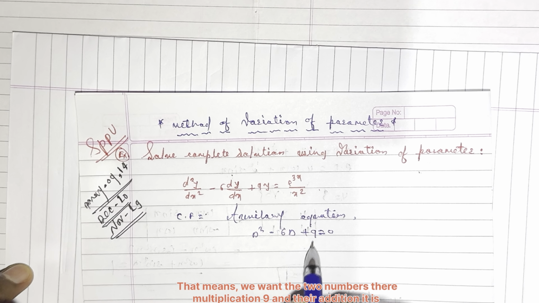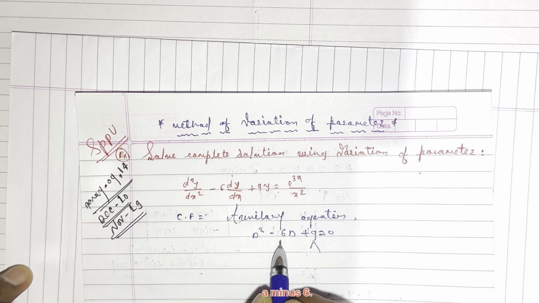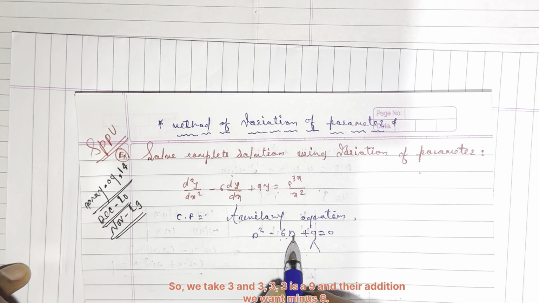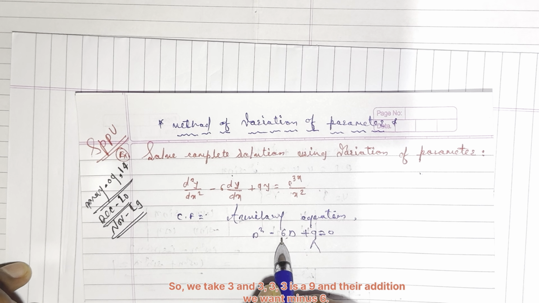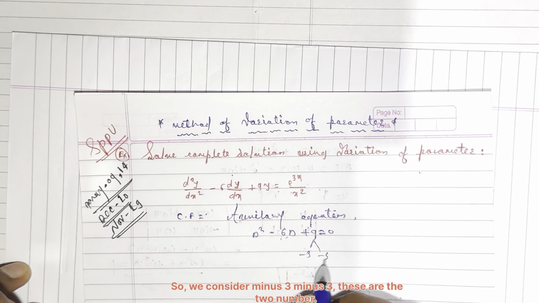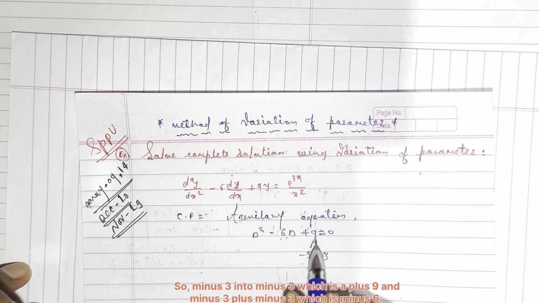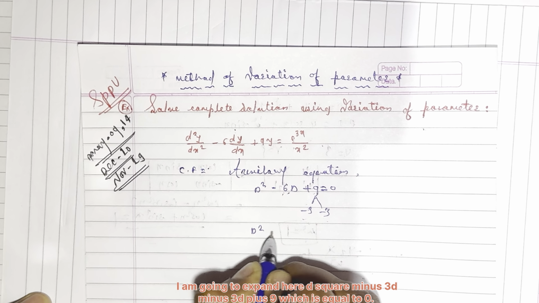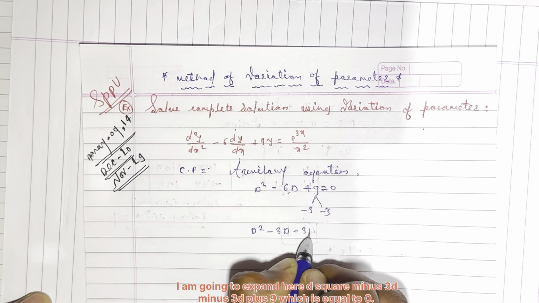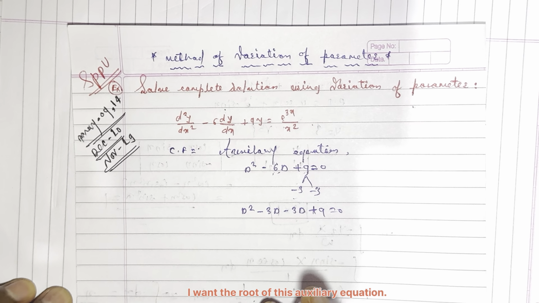That means we want two numbers whose multiplication is 9 and whose addition is minus 6. So we take 3 and 3, 3 times 3 is 9, and their addition we want is minus 6, so we consider minus 3. Minus 3 into minus 3 is plus 9, and minus 3 plus minus 3 is minus 6. Expanding, D square minus 3D minus 3D plus 9 equals 0.